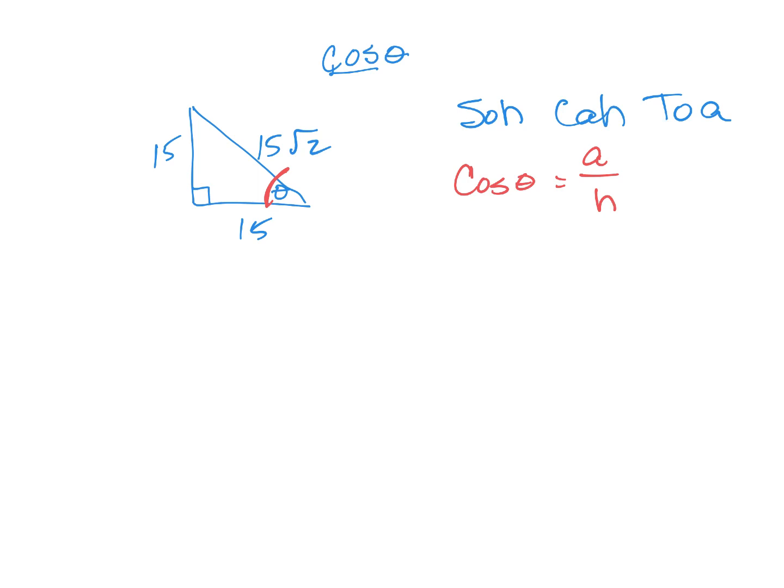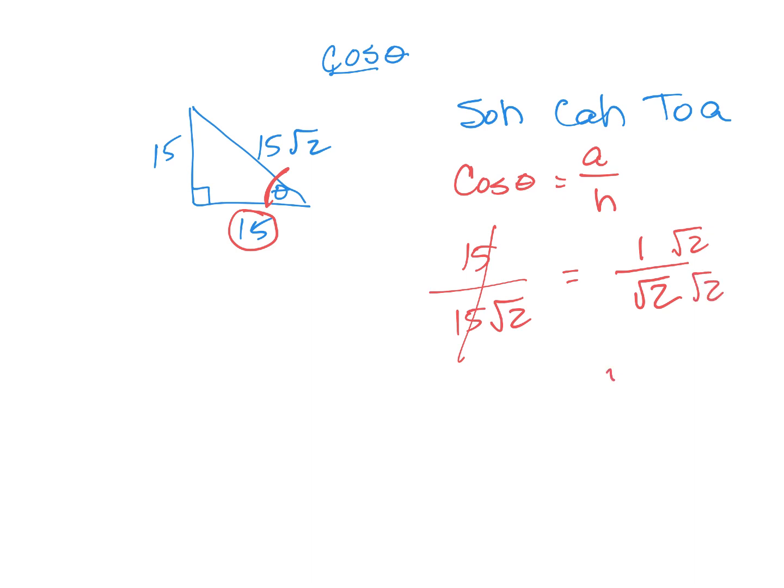The adjacent to theta is this 15 because it's right next to it and it's not the hypotenuse. Do you guys remember that? And the hypotenuse is 15 root 2. So this cancels, and don't put root 2. There's a 1 upstairs that's left because when I canceled the 15, and then I multiply by radical 2 over radical 2, and the answer is radical 2 over 2.